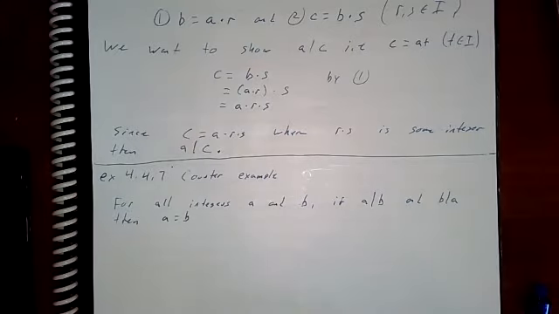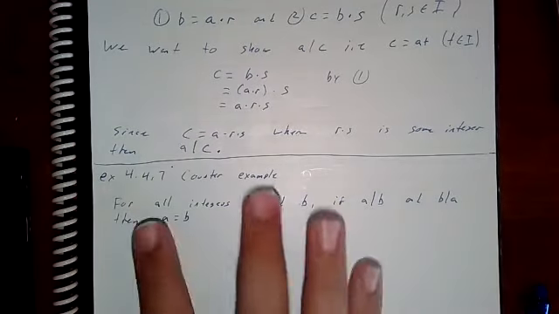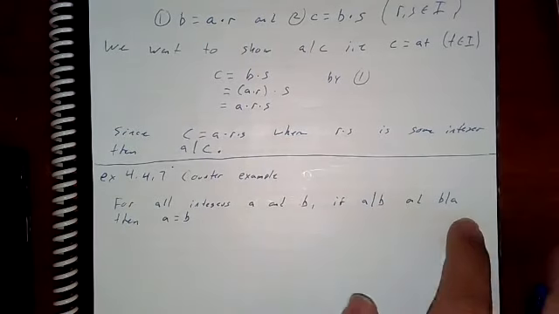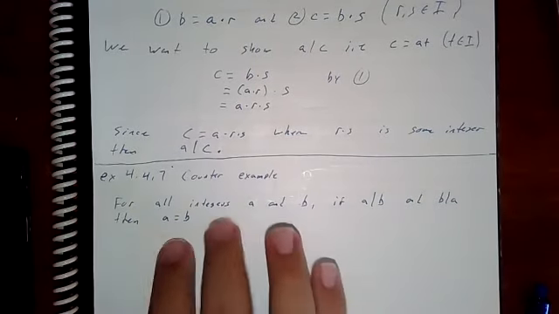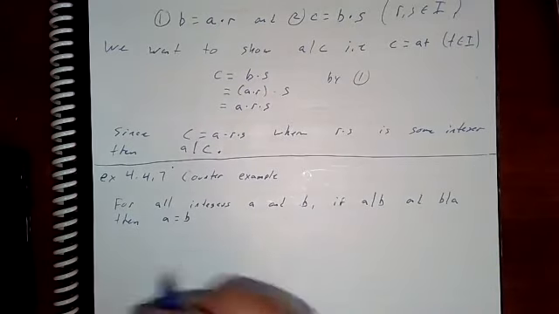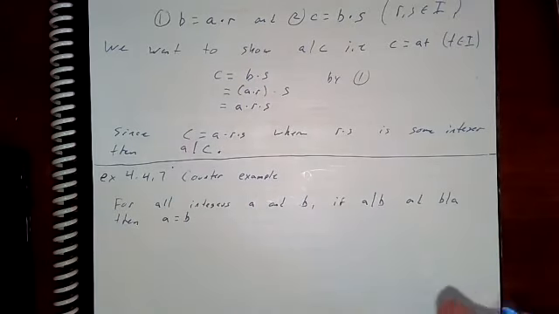Okay. So if a divides b and b divides a, then a is equal to b. So it's saying that if a goes into b and b goes into a, then a must be equal to b. Okay, so let's try to think. Apparently it's false.